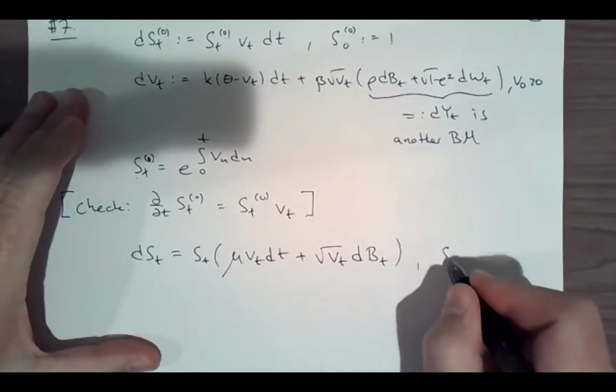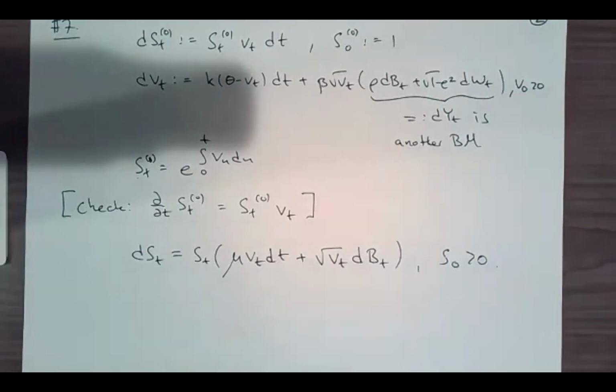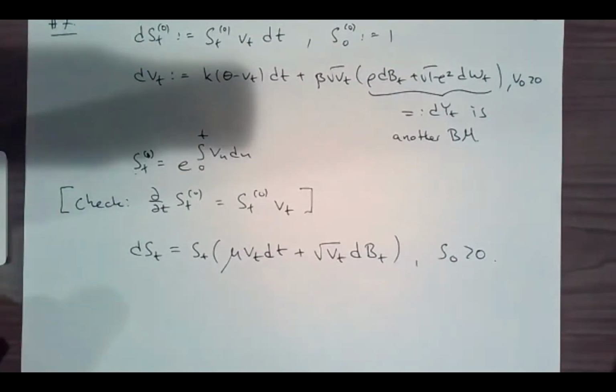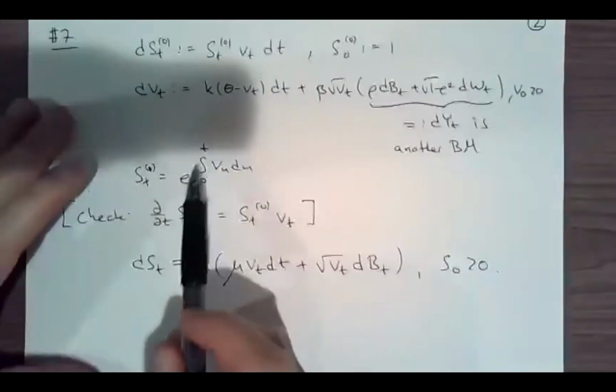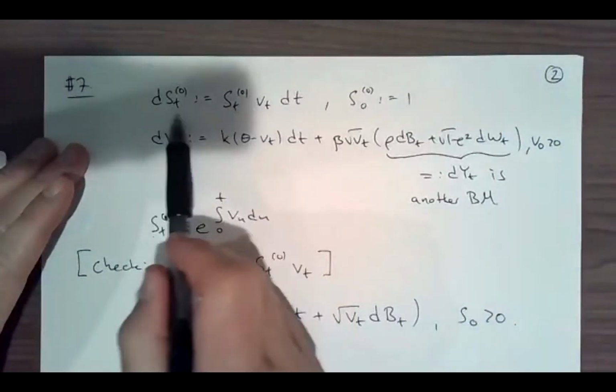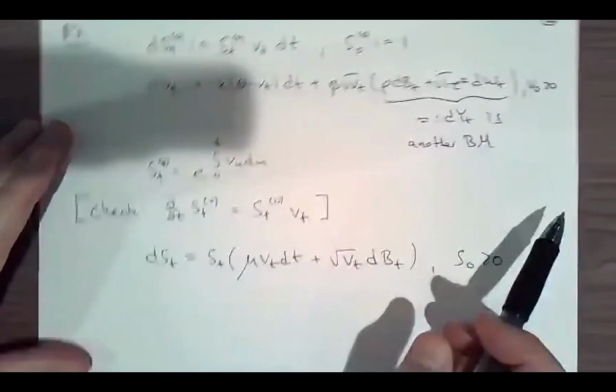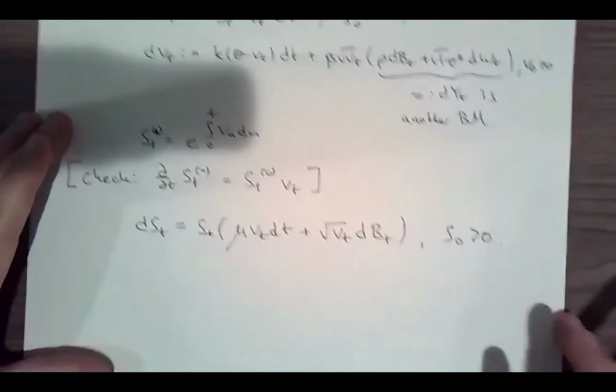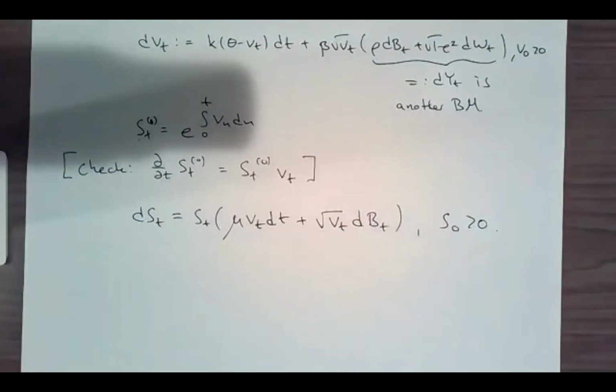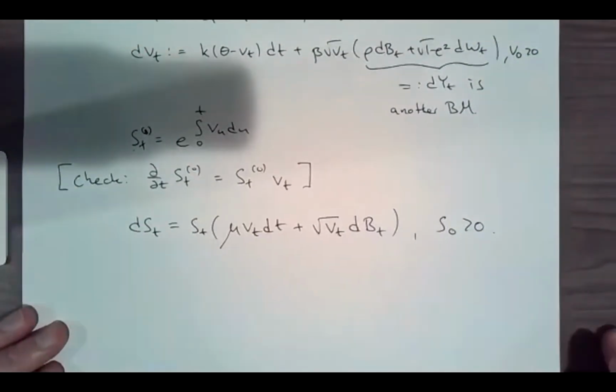And it starts out somewhere positive. So just as we solved the equation that describes the price of the bank, likewise, we're going to solve the equation that describes the stock price, right?